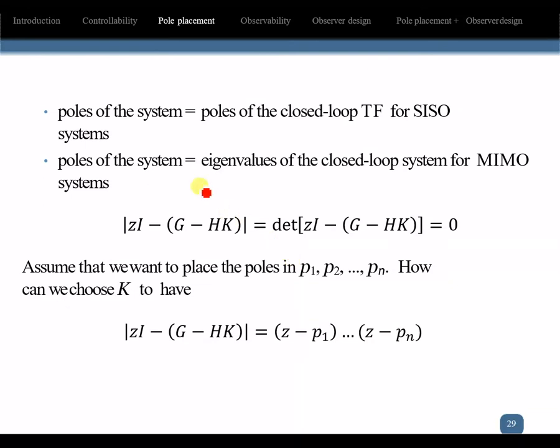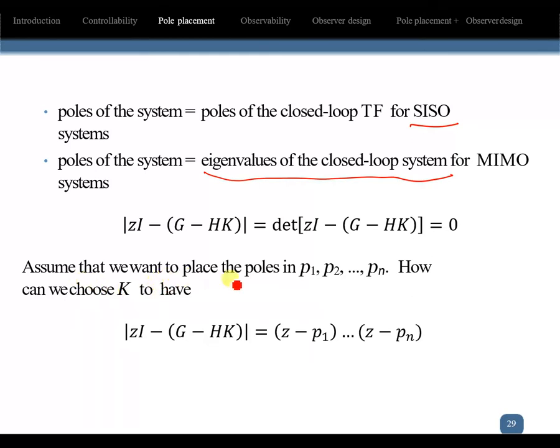In the pole placement method, the poles of the system are equal to the poles of the closed loop transfer function in a single input, single output system. But the poles of a multiple input multi-output system are equal to the eigenvalues of the closed loop system. If you remember, the closed loop characteristic equation is determinant of (zI - G + H K) equal to 0.